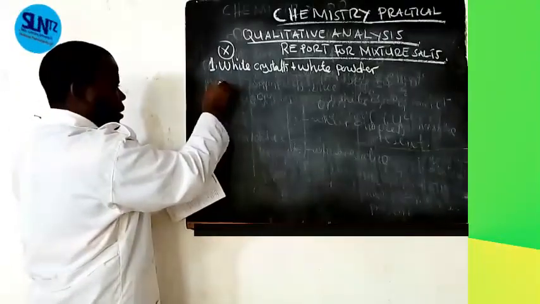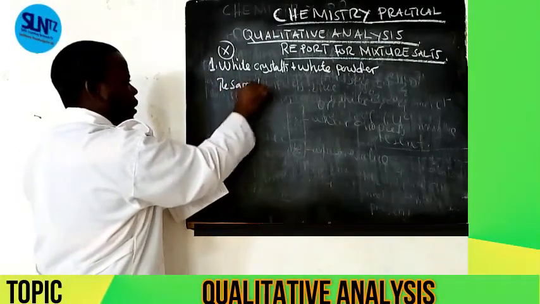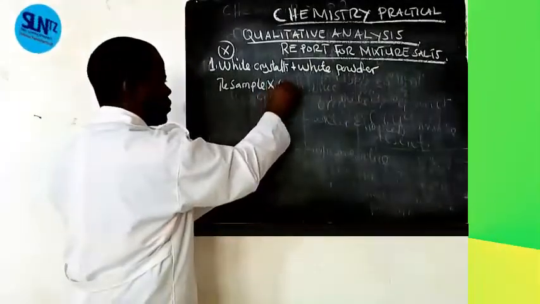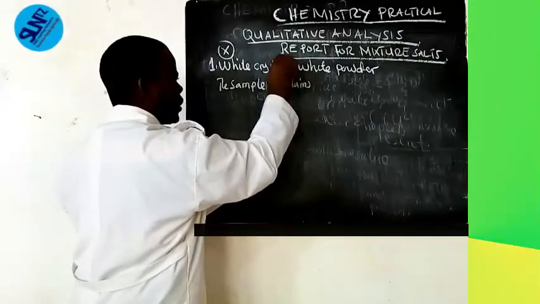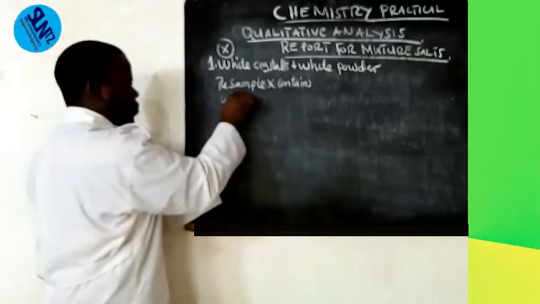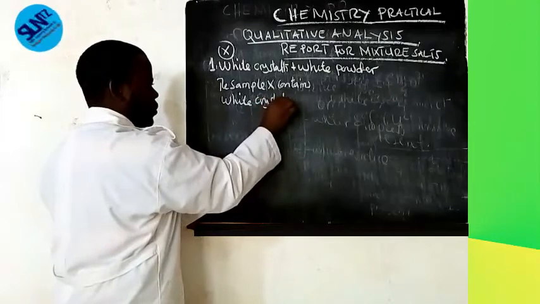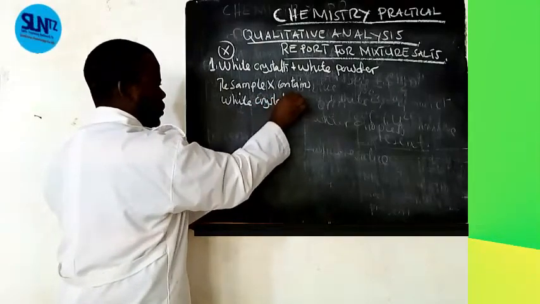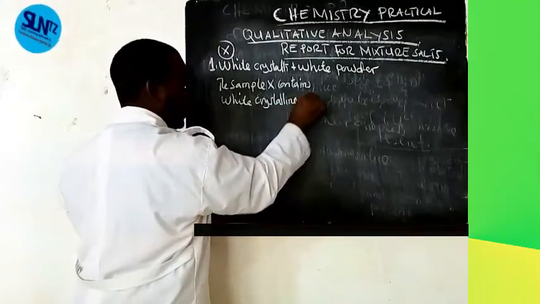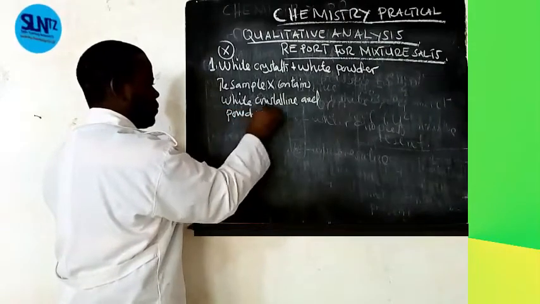It means the sample X contains white crystalline and powder form.